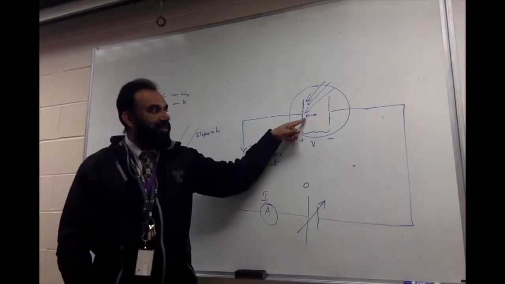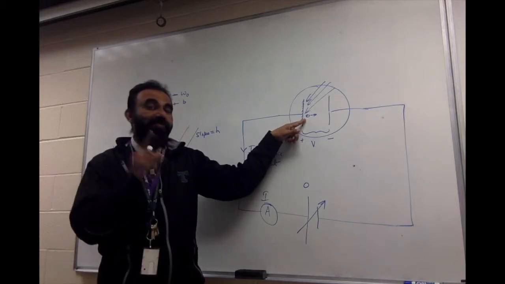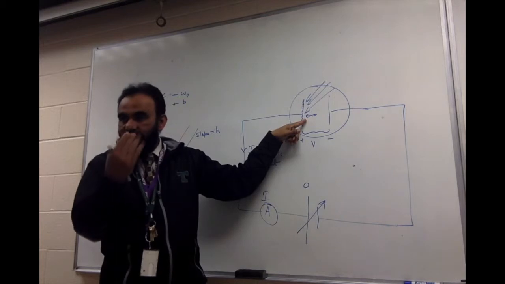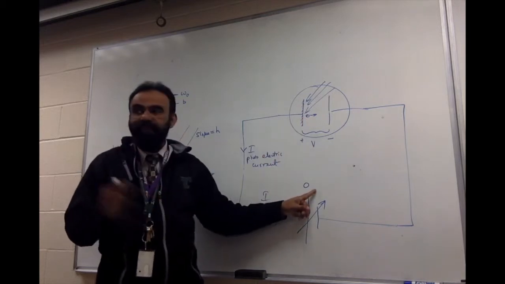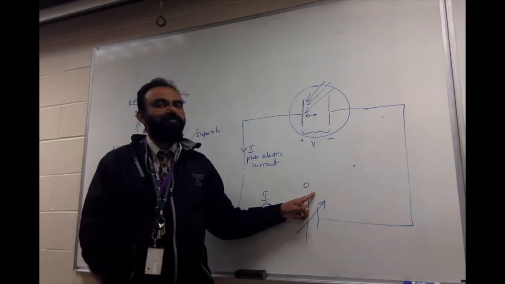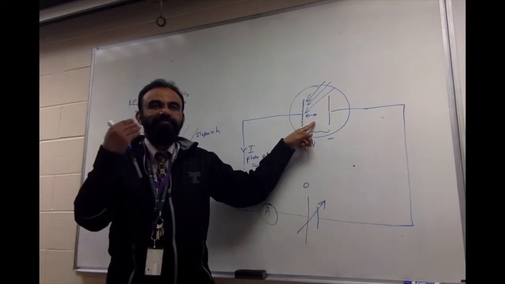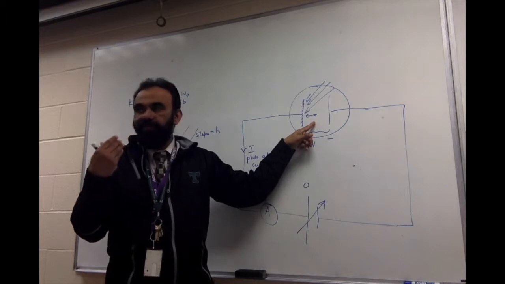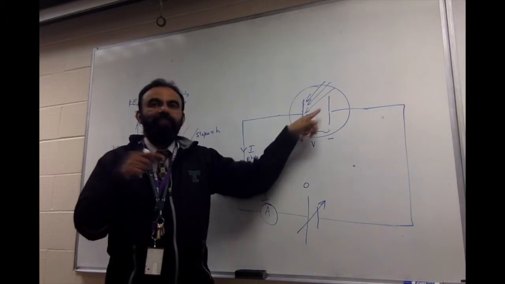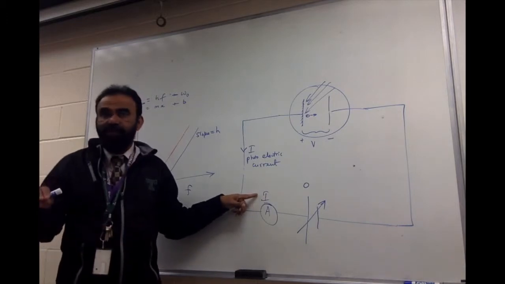So from here, electrons are fired at different kinetic energies. There are some with the highest kinetic energy, there are some with lower kinetic energies. So when you start applying voltages 0, 1, 2, 3, the slower ones will start stopping earlier. The slower ones will fail to reach there. That means the current is going to be lower.